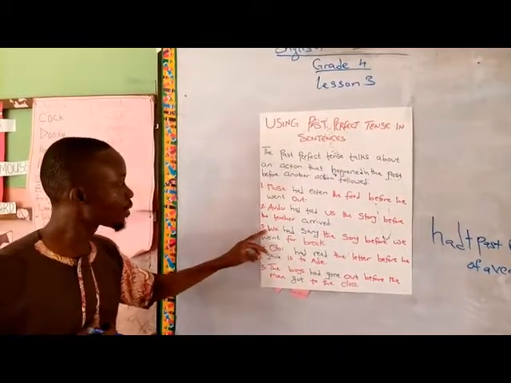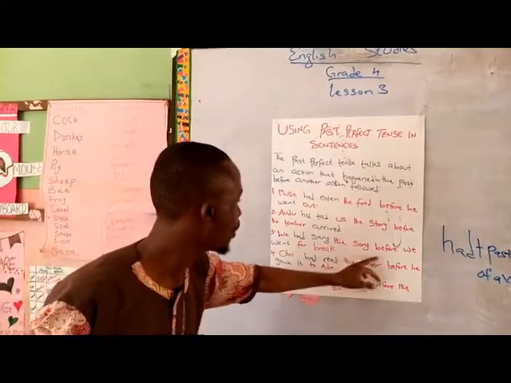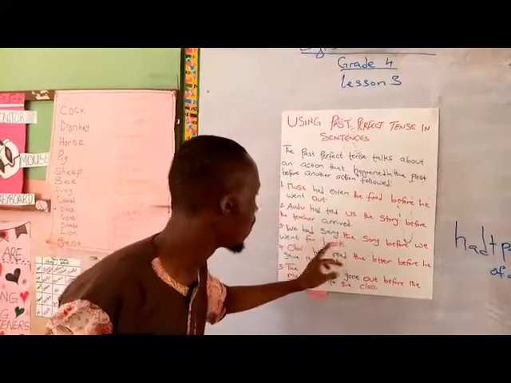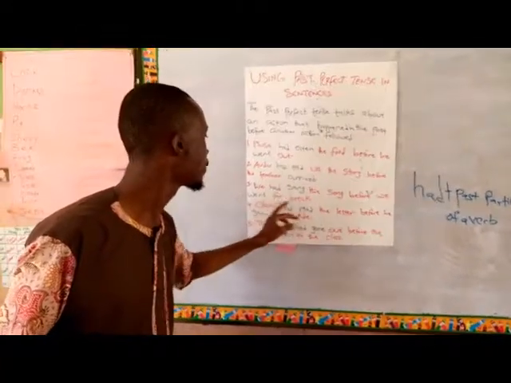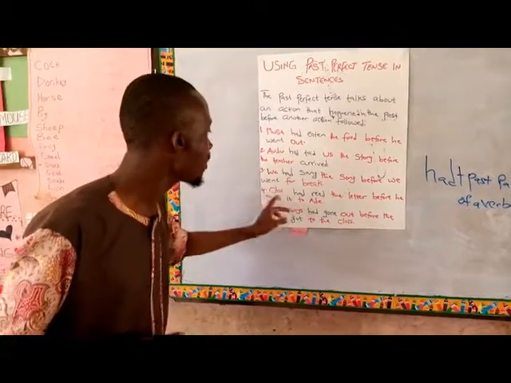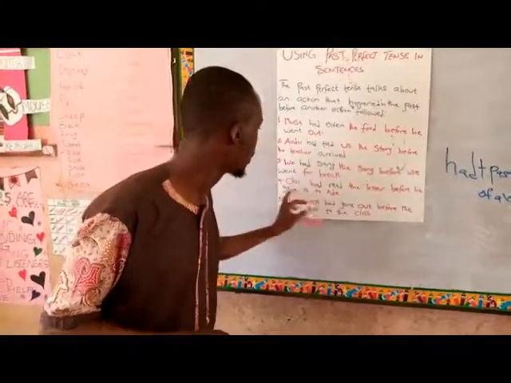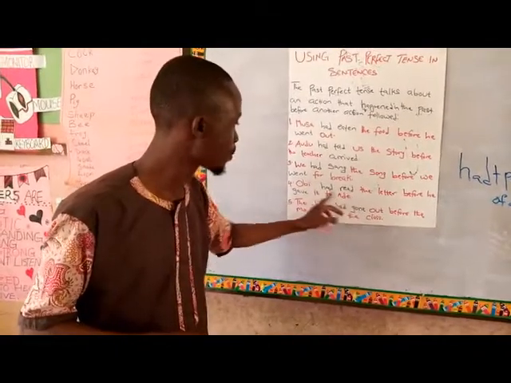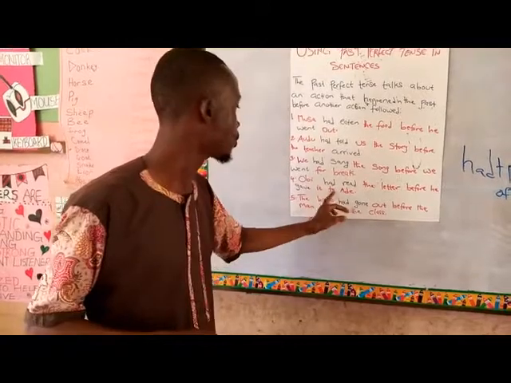If you look at example 3, we had sang the song before we went for break. Look at example 4. You have Obi had read the letter before he gave it to Ade.